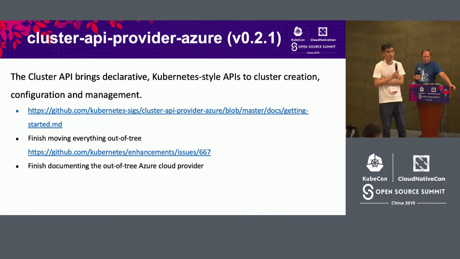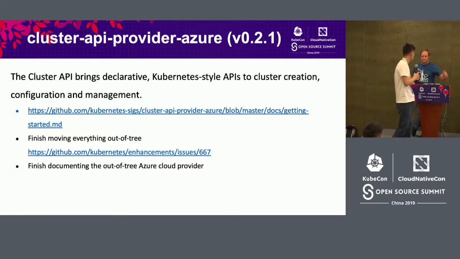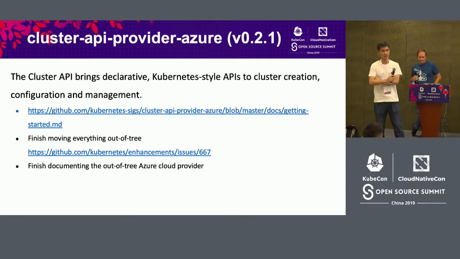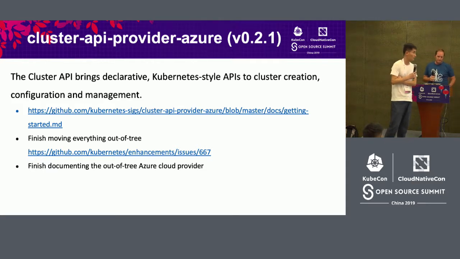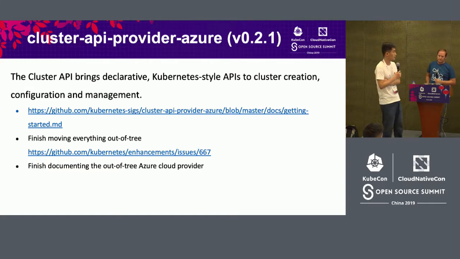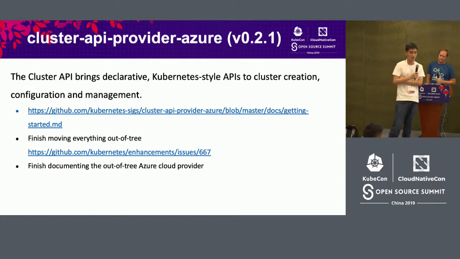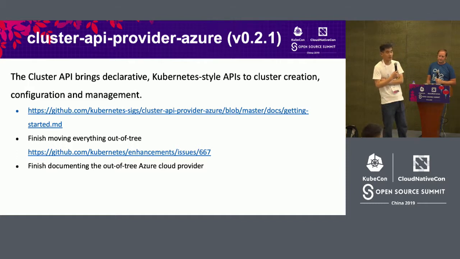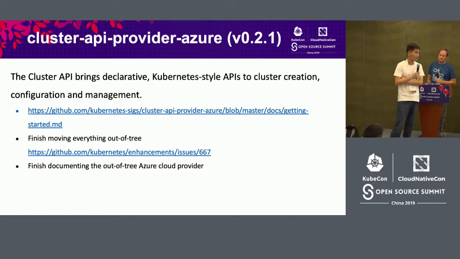So we have a couple of interns from Microsoft and from Platform 9, right? They helped to set up the repo and make the initial work and make it working to introduce the cluster API into Azure. So today the cluster API provider Azure has been introduced in SIG cluster lifecycle.